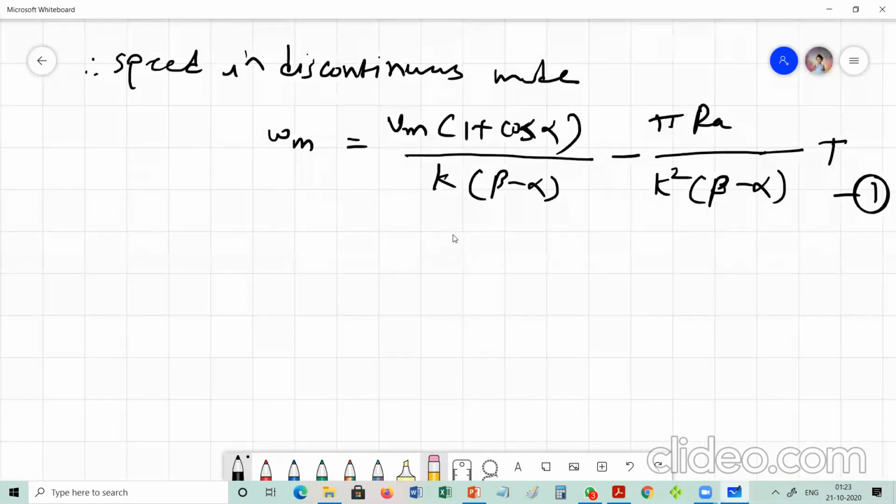Again, using this equation, we can find the equation of critical speed. Critical speed is nothing but the boundary between continuous and discontinuous conduction.